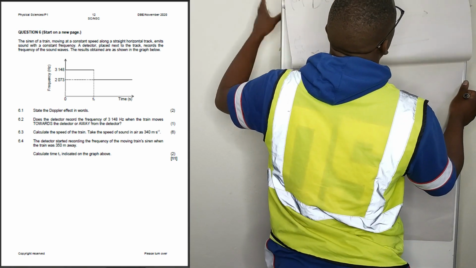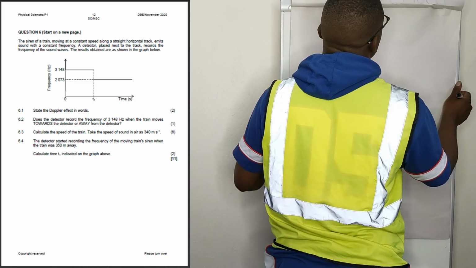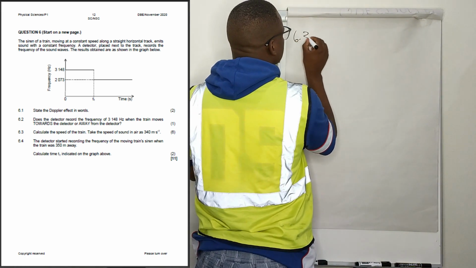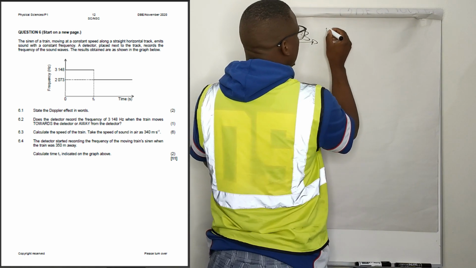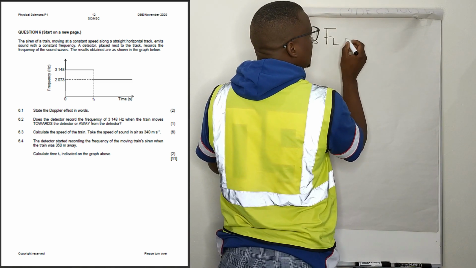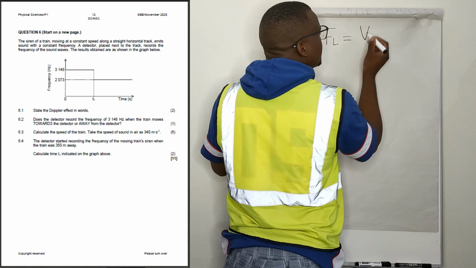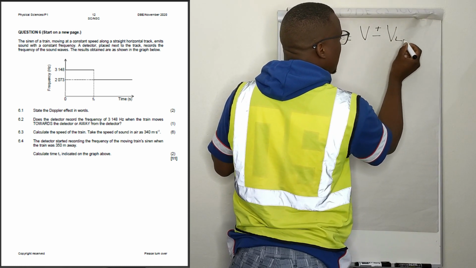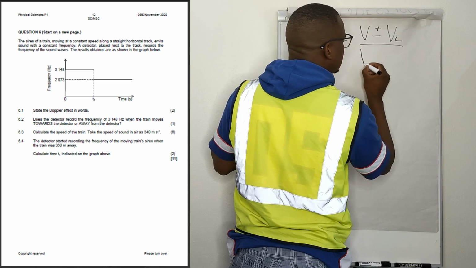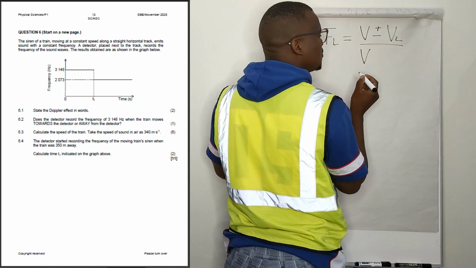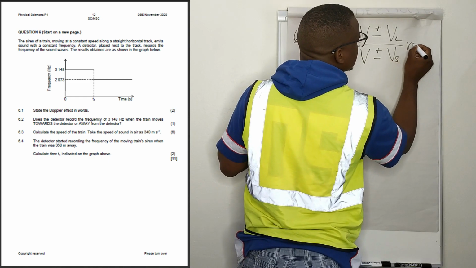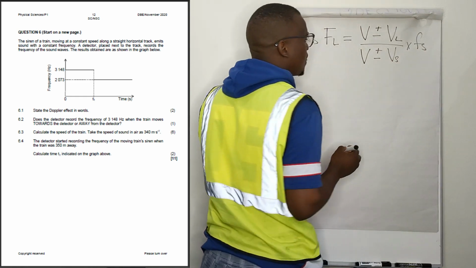We know our equation for this phenomenon is: the frequency of a listener is equal to the speed of sound in air plus or minus the velocity of a listener, divided by the speed of sound in air plus or minus the velocity of a source, times the frequency of a source.